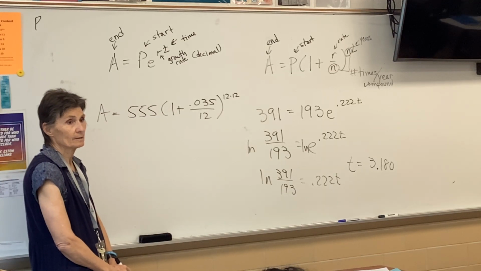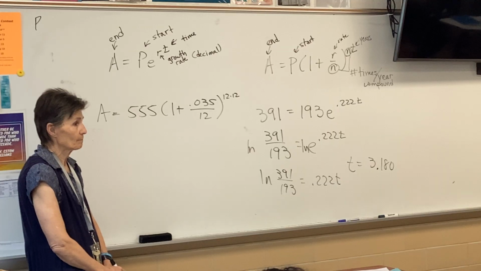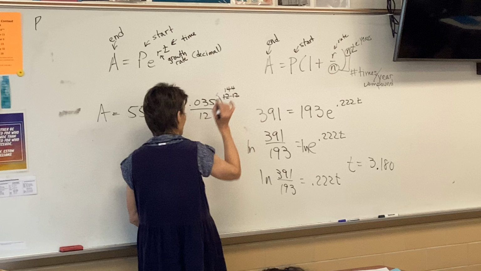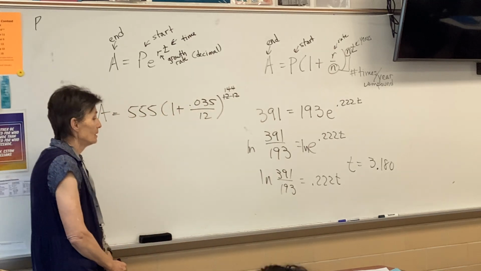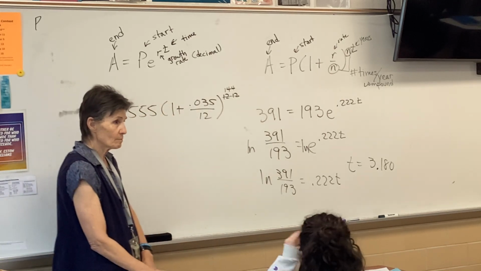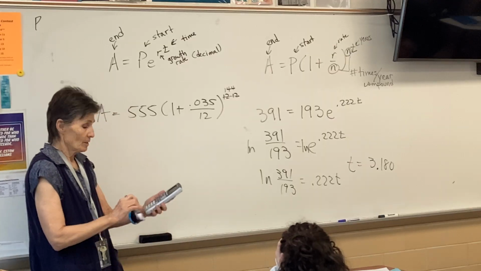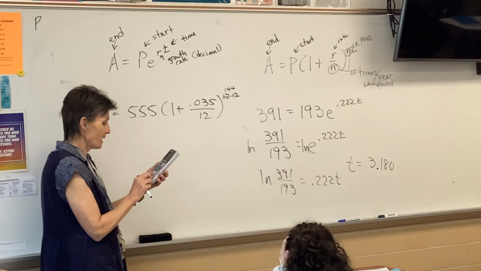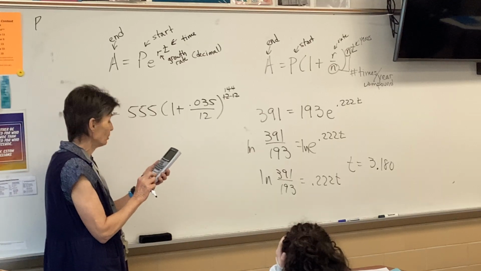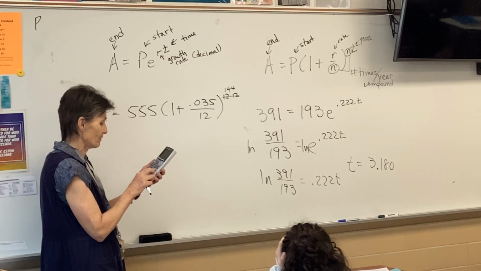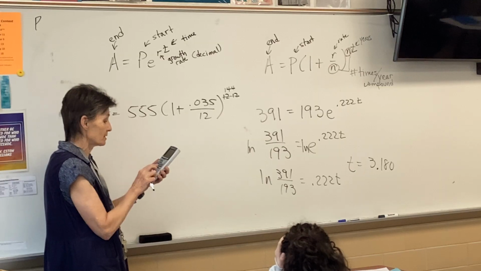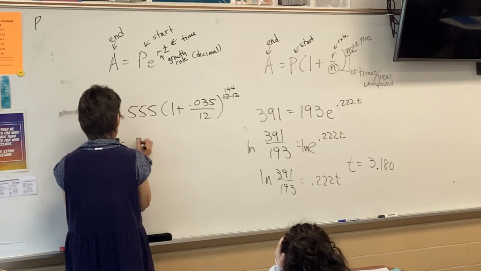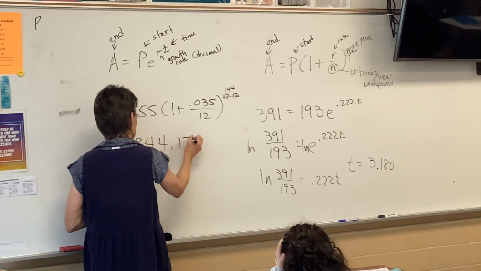I'm gonna go ahead and make that a 144, make my life a little easier. Am I gonna be using logarithms or anything fancy here? No, A's already by itself, so I'm just gonna type it in: 555, parentheses, 1 plus 0.035 divided by 12, close parentheses, raised to the 144. I got $844.17.